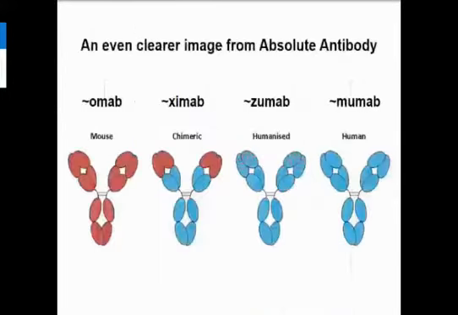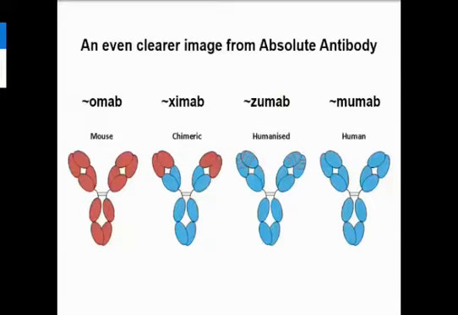And just maybe an even clearer image, this is from a company called Absolute Antibody that I've dealt with. So the -omab antibodies are purely mouse. Any antibody with -ximab on the end will be chimeric, so it'll have the mouse Ig domains that bind antigen, but the rest is human.